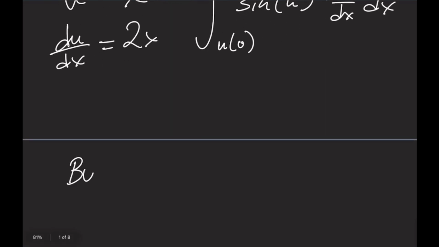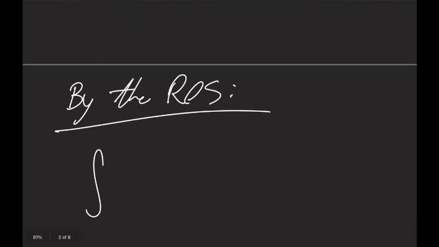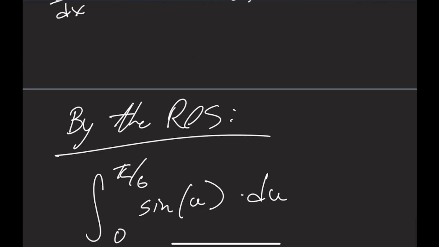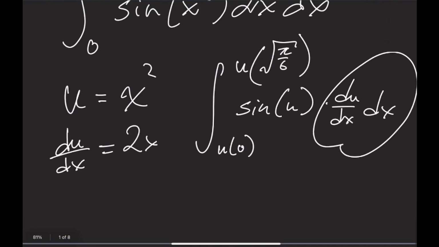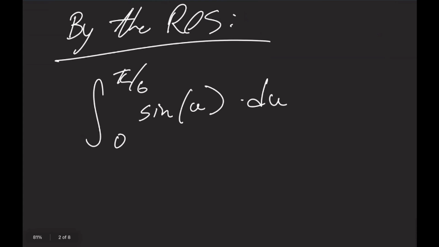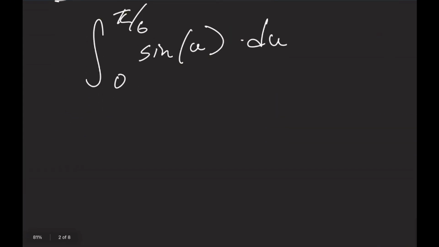Okay, now by the ROS, we can say that this is going from pi over 6 to 0, and then we have sine of u times du. Notice how it looks like right here, dx cancels out, but technically that's not true because it's a function.